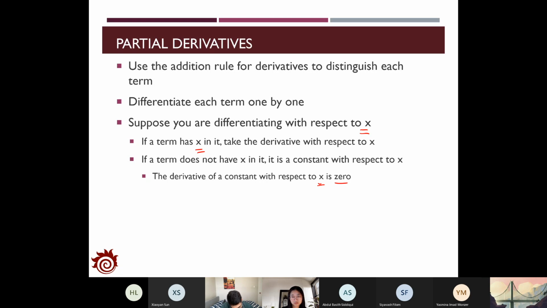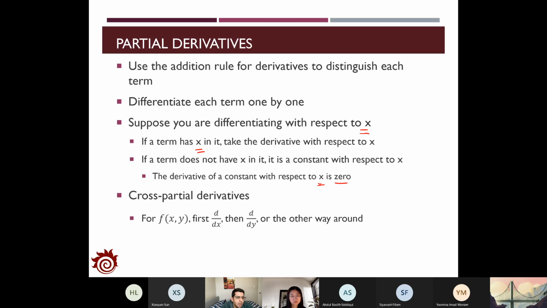multivariable function. And also we need to know the cross partial derivative, which means that you need to find the derivative with respect to multiple variables. For example, if we have the function f(x, y), there are two input variables, x and y.